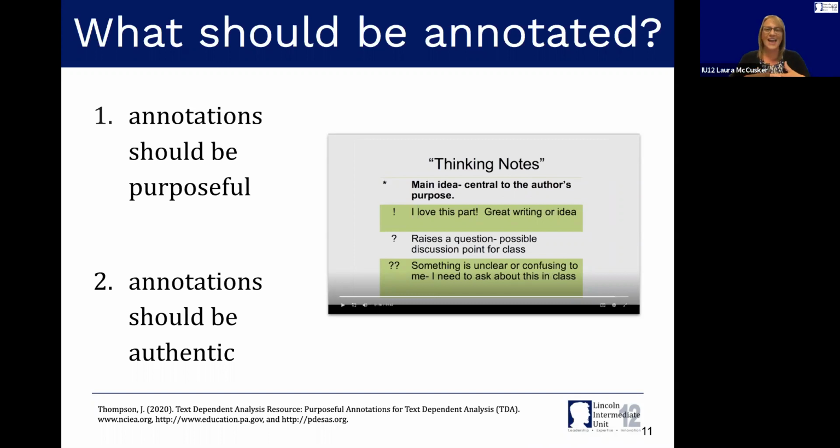However, then I asked students to use so many of those symbols in their reading. So what happened is that students were using a purpose for annotation, but anything that I got back was not authentic. Just because I asked them to make 5 marks as they were reading didn't necessarily mean that that's how many marks they needed to use for the purpose I had given them in reading. So we really want to challenge ourselves to do both of these things.